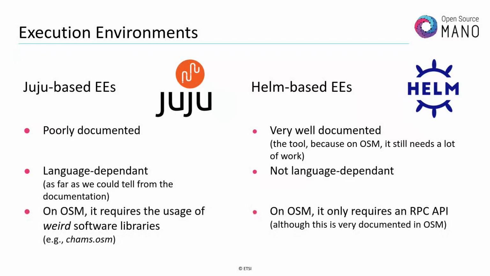Then on OSM, Juju requires, let's call them weird libraries to create Juju charms like charms.osm, while on Helm we only have to create some RPC API. And finally, we found Juju to have some performance issues that we didn't like, and we found that Helm just worked most of the time and didn't have a lot of performance issues, at least in our environment.